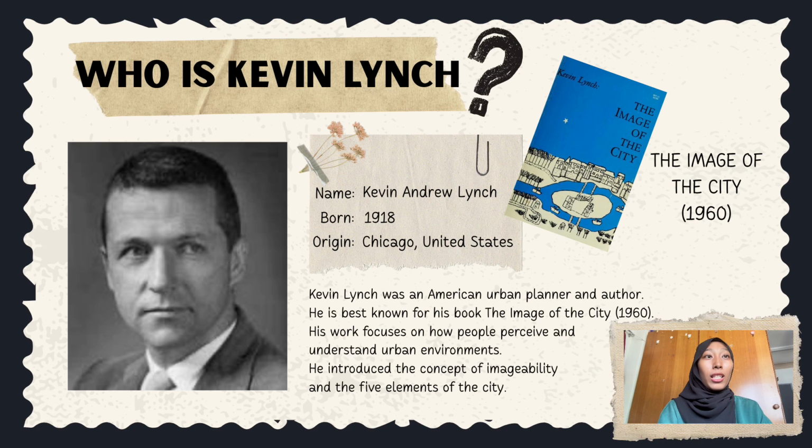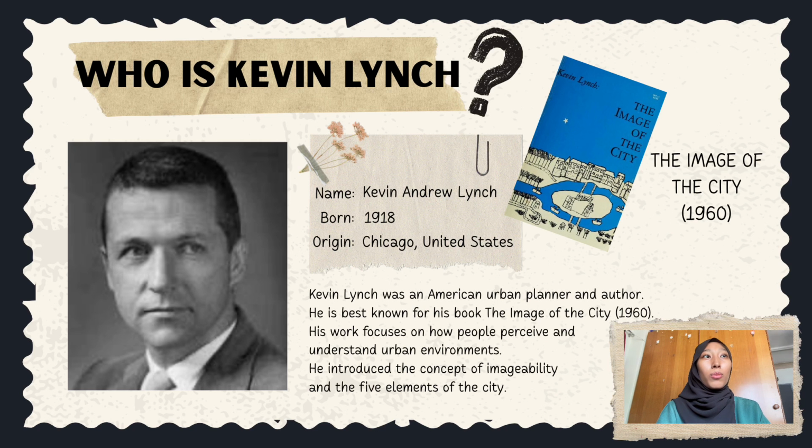Before we dive deeper, let me introduce Kevin Lynch. Kevin Lynch was an American urban planner and author born in 1918 in Boston, USA. He is famous for his ideas on how people perceive cities and urban space.